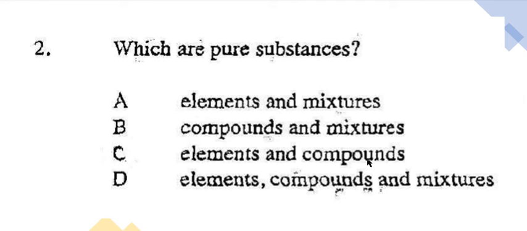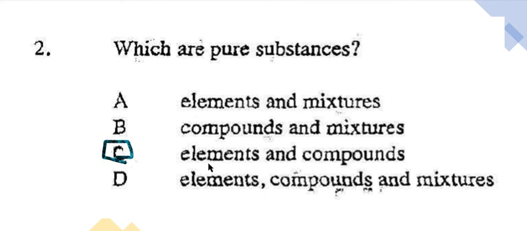As we have read, element is a pure substance and compound is also a pure substance. So option C is the right answer. While option D contains elements and compounds, which are pure substances, but mixture is not a pure substance.